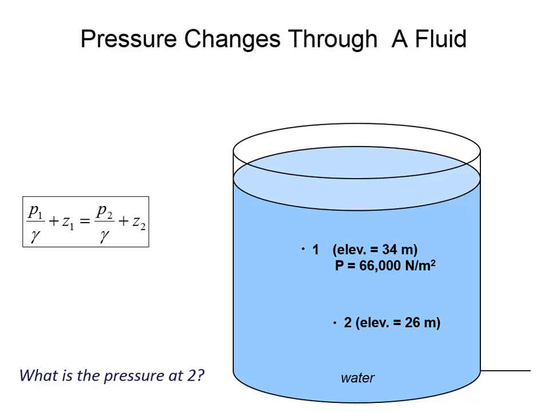The unit weight of water, because it said delta P is delta H times gamma, is still 9810 newtons per meter cubed. So the change in pressure will be 8 meters times 9810 newtons per meter cubed. So somebody with a calculator can tell me what's that delta P?